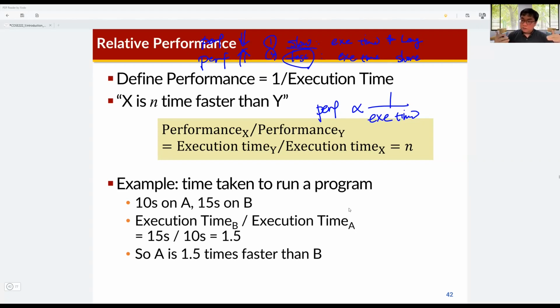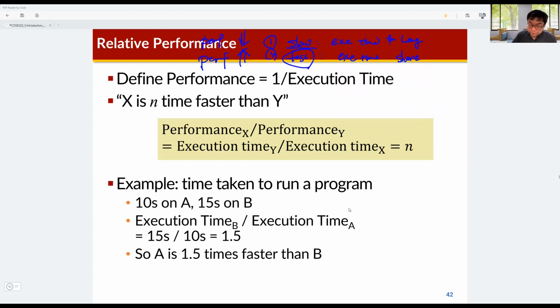So performance is inversely proportional to the execution time. So we define the performance of a computer system as 1 over execution time. The unit of the execution time can be the second, 1 microsecond, 1 millisecond.